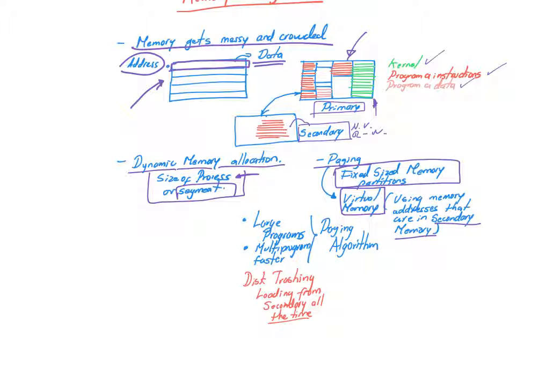So if the sum of the programs that we have, for example, is 6 gigabytes, and the size of the memory that we have is 4 gigabytes, then we're going to be using at least 2 gigabytes of secondary memory, with the use of the virtual memory.